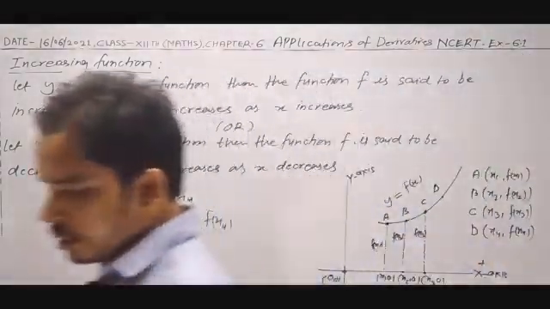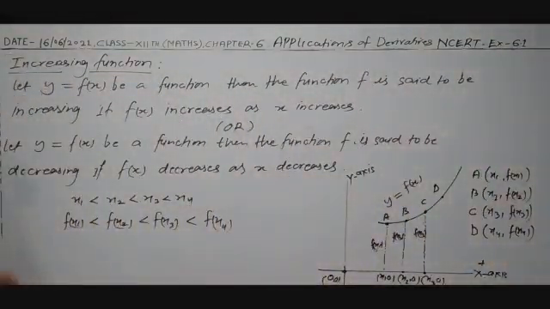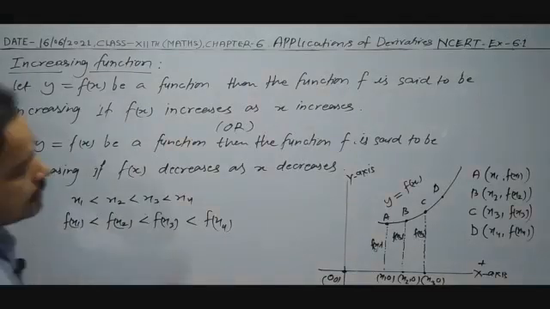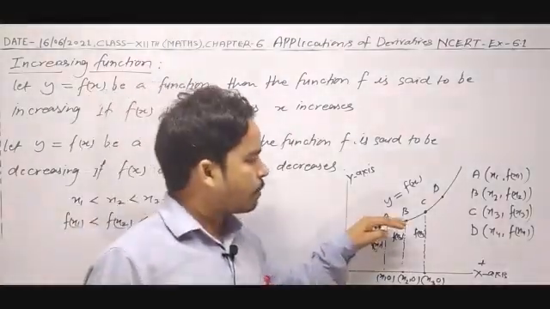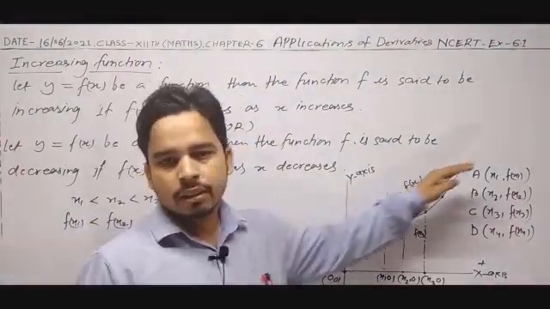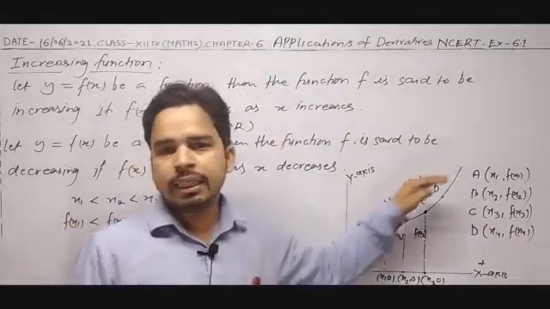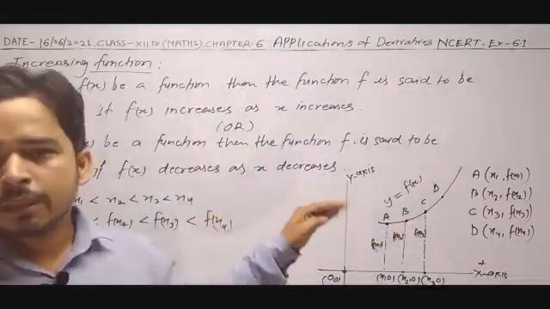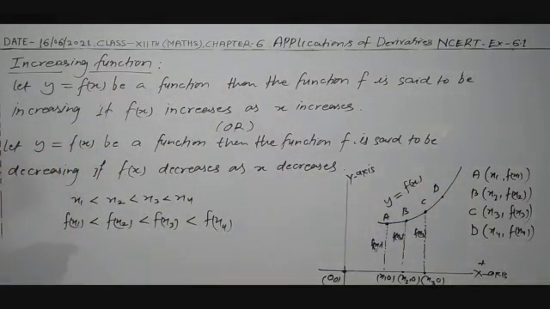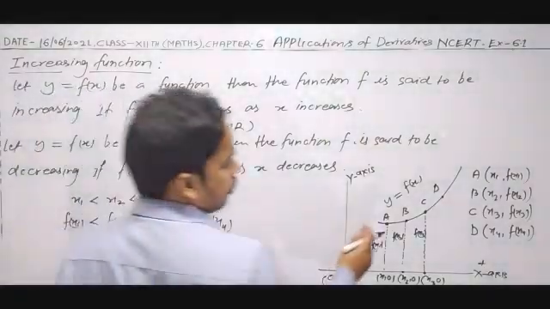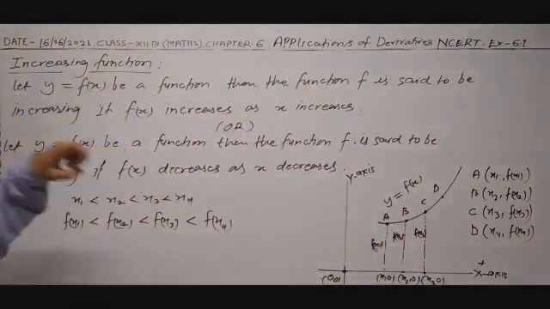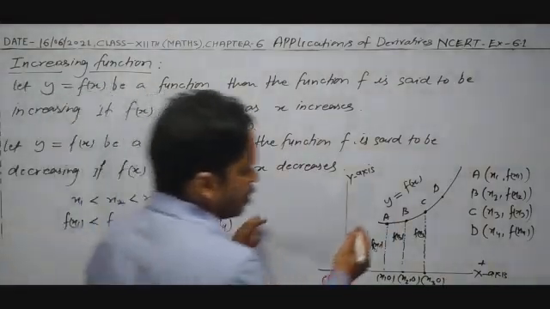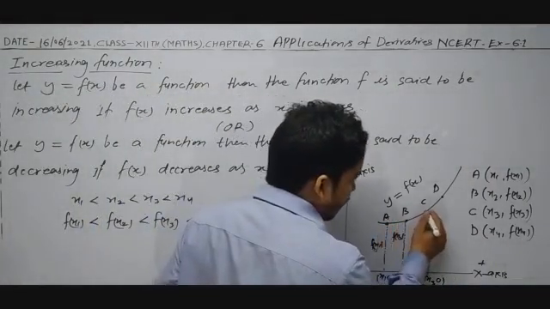So this is the definition of an increasing function. And in an increasing function, when you draw the tangents through these points, tangent means slope, and the value of slope means angle. When you compare this angle, you will see this angle will be less than 90.